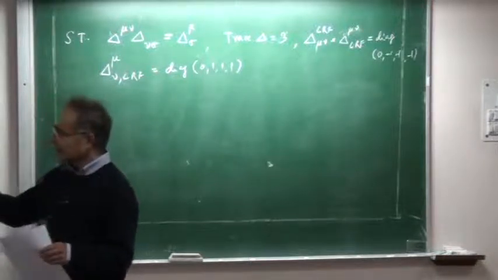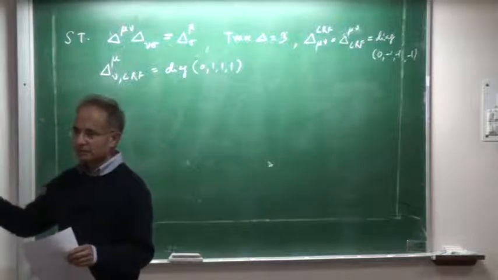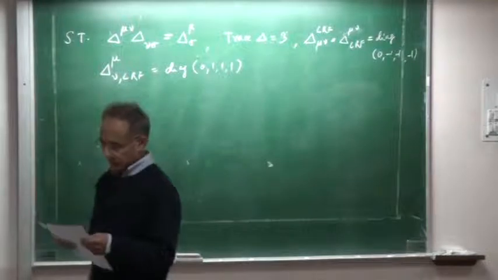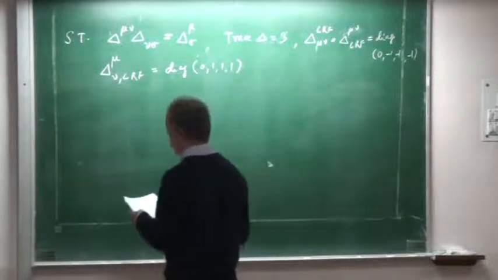We have not yet completely specified what u mu is. You just said it is a time-like 4 vector with unit norm. So we have to use a precise definition.